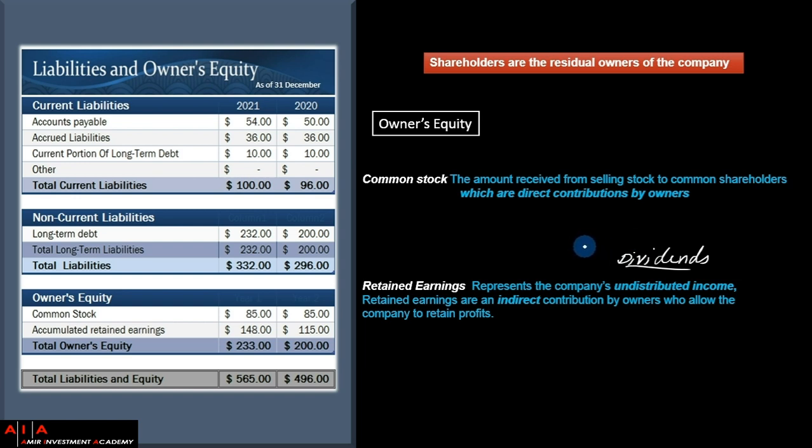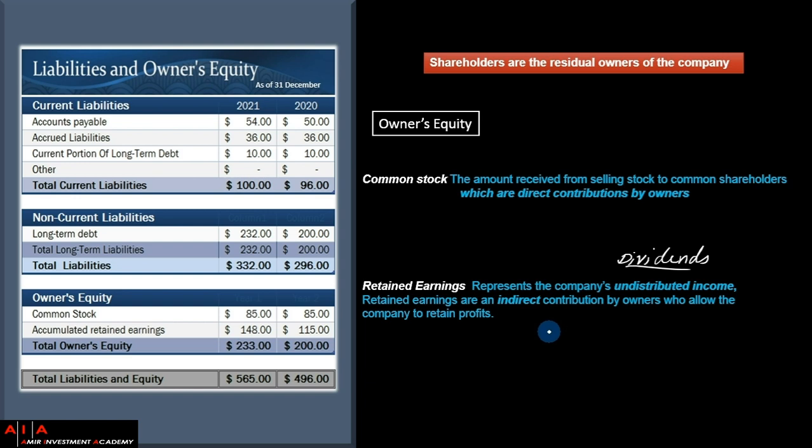Because at the end of the day, companies are there to generate profit, right? And sometimes they distribute those profits amongst themselves through dividends, so all the shareholders get a piece of that profit. And sometimes they decide to retain those earnings, to let the company run and make more profit in the future.